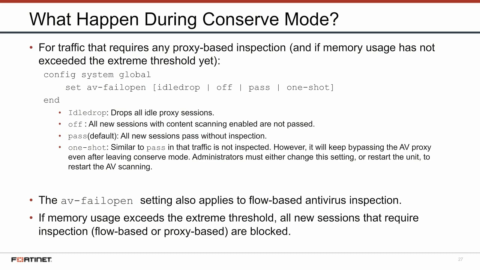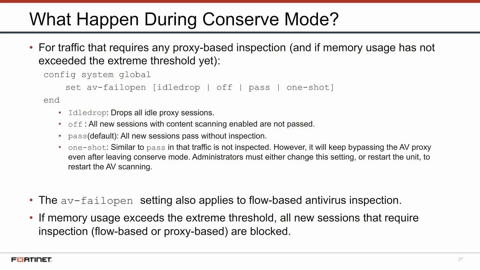4 different actions can be configured. Idle drop drops all idle proxied sessions. Off. All new sessions with content scanning enabled are not passed. Pass. Default. All new sessions pass without inspection. One-shot. Similar to pass in that traffic passes without inspection.